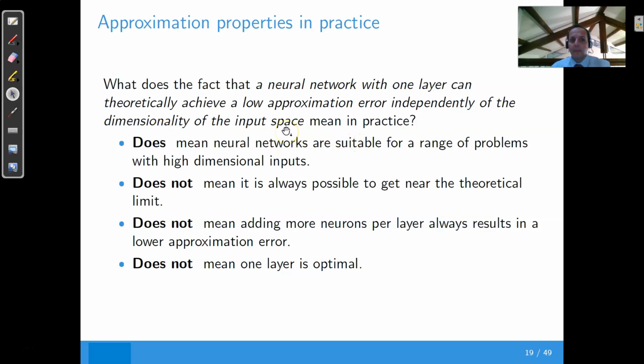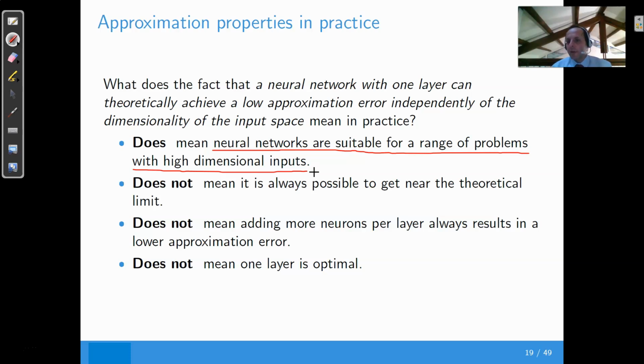So this is very important. These results lead to the conclusion that neural networks are suitable for problems with high dimensional inputs, like we will see later, like images. Normally, neural networks are applied for image processing.